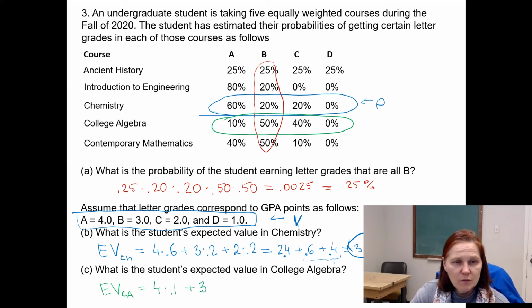Then B, probability of B, 0.5, plus C, 2 points for C, and probability 0.4.